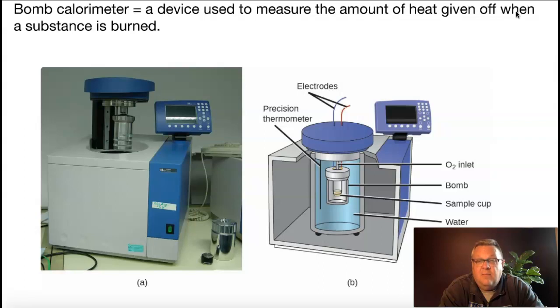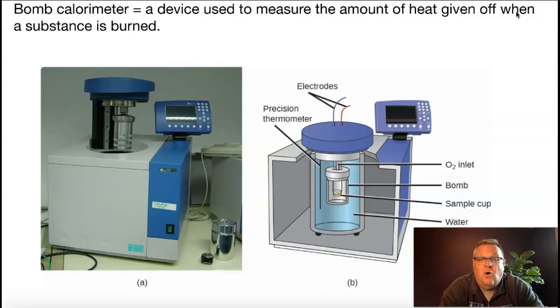Okay, and what happens then is very precisely, you burn that little chunk of Snickers bar inside that bomb container. All of the heat released when that Snickers bar burns goes through the bomb cup into the water, and the water temperature goes up. In pure oxygen, you can burn things in a fraction of a second.